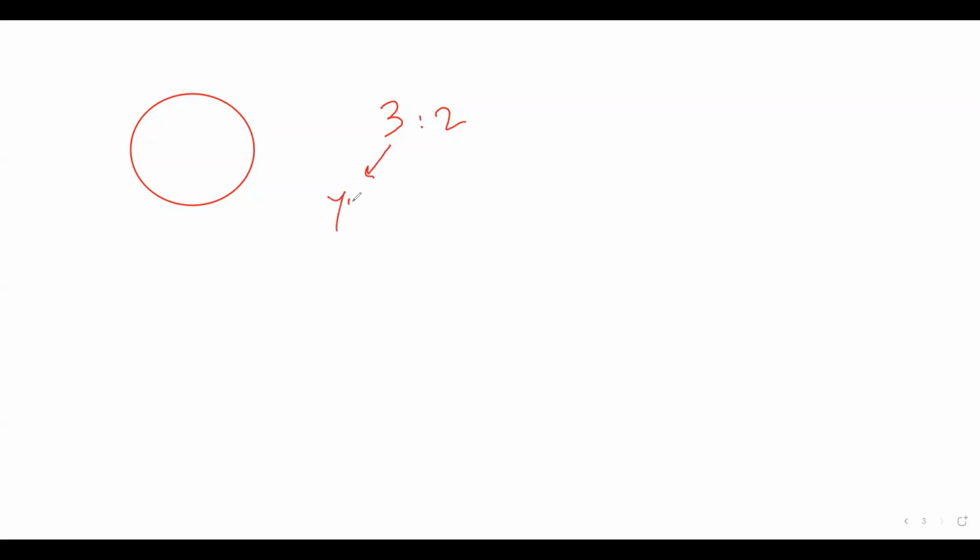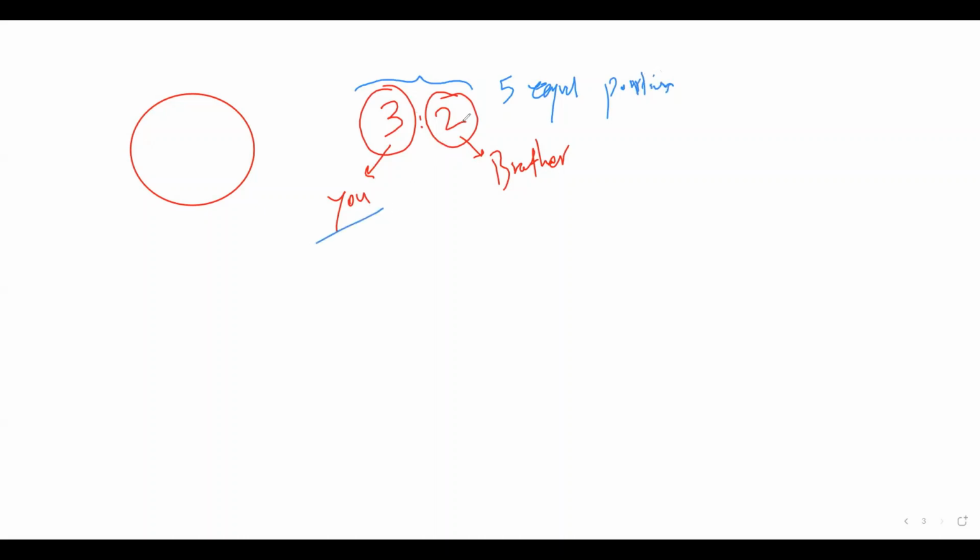So this is you and this is your brother. It means you get 3 pieces, and your brother gets 2 slices of cake. And that means you need to divide the cake into 5 equal portions, and then you take 3 of it, and the remaining 2 belongs to your brother.